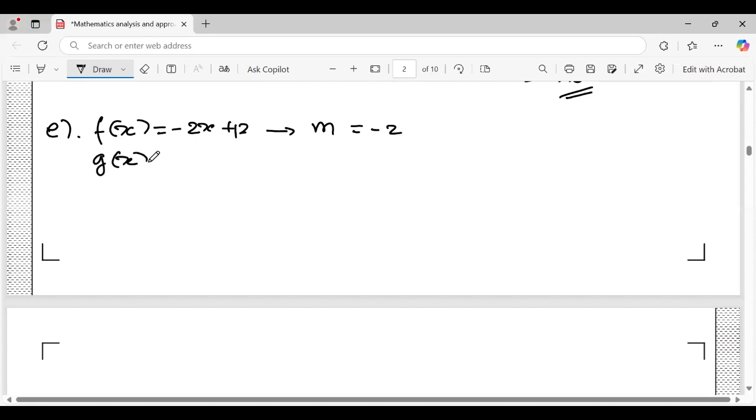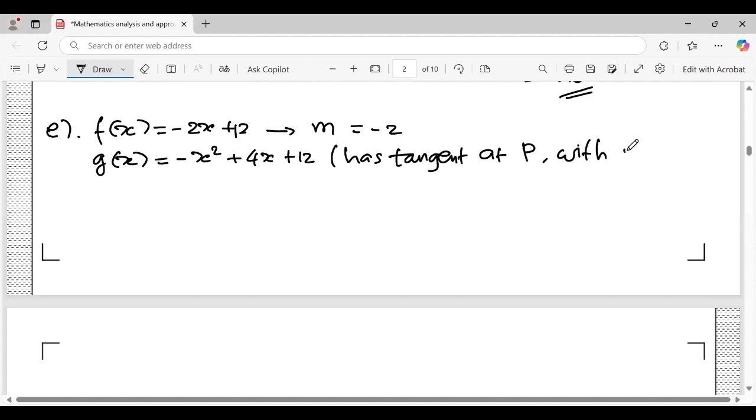g(x) equals minus x squared plus 4x plus 12. g(x) has a tangent at point P, with the same gradient as this one because they are parallel.